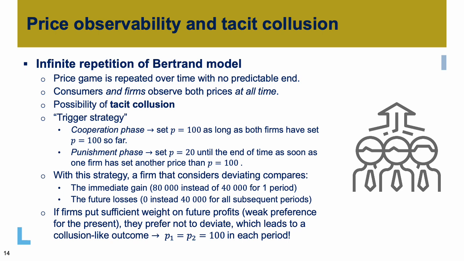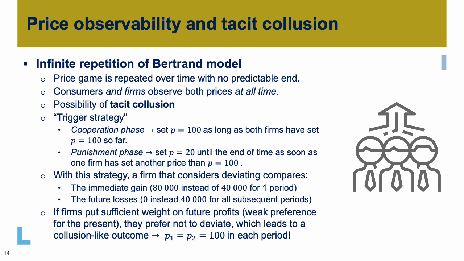So it sets a low price in order to punish the other firm. Now, what happens if firms cannot observe as easily the price changes of the other firm? Well, then they may hesitate before they start punishing. It may be that the price decrease they observe is not due to a deviation of the other firm. It may be due to a sudden decrease in demand or whatever reason you can think of.